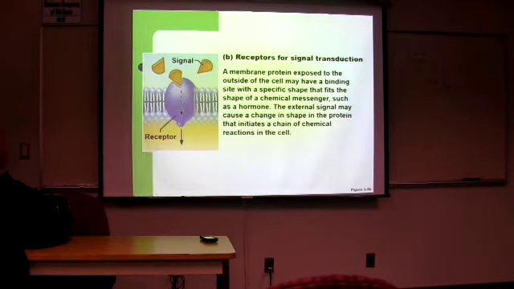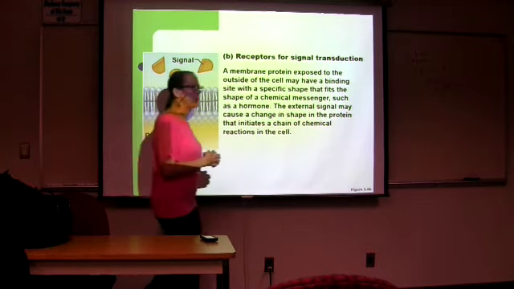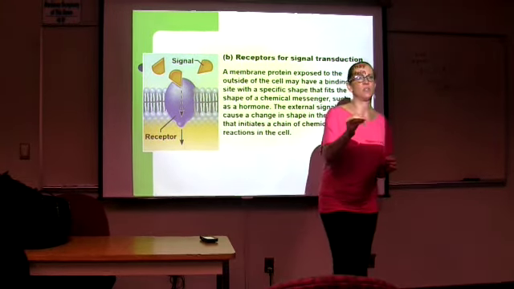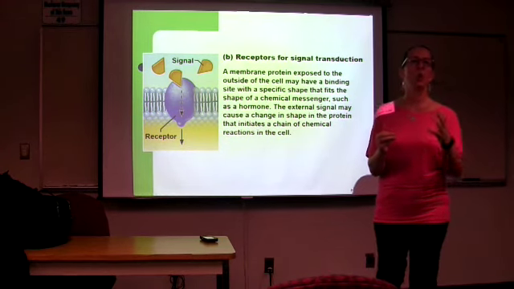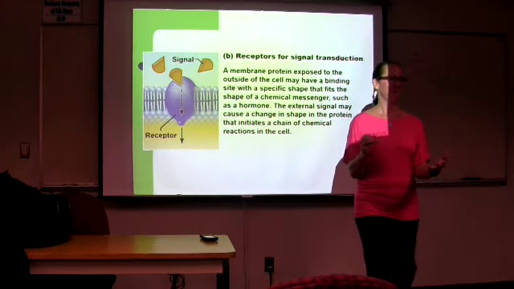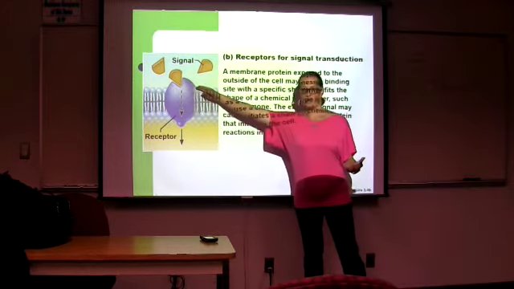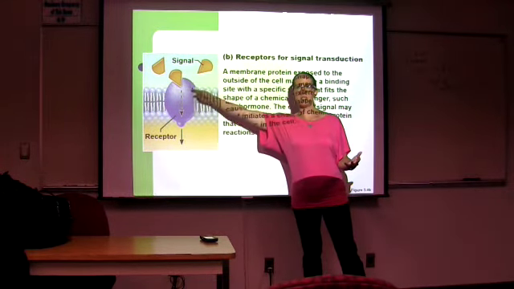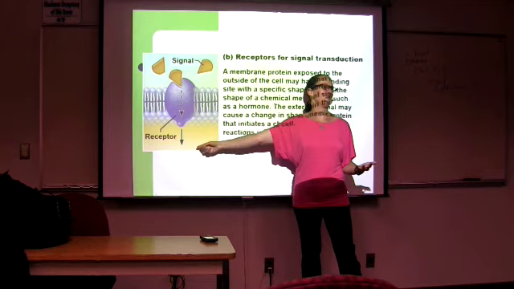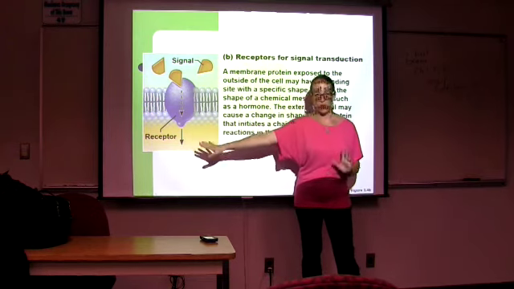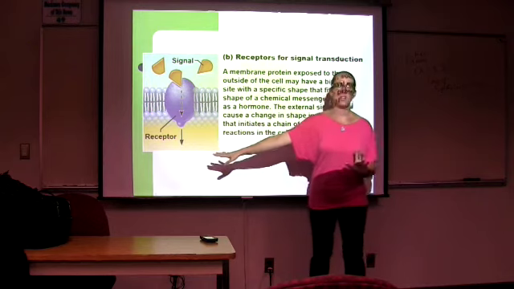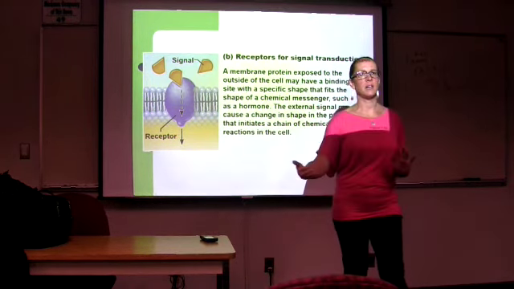Some of these protein channels simply receive signals. Quite often we'll see this in the endocrine system, the hormone system. These signals will attach to this protein receptor and send a signal into what's called a second messenger. That is a very complex series of steps. That's as far as we're going to go with it. You just need to know that it'll send a signal into a second messenger.